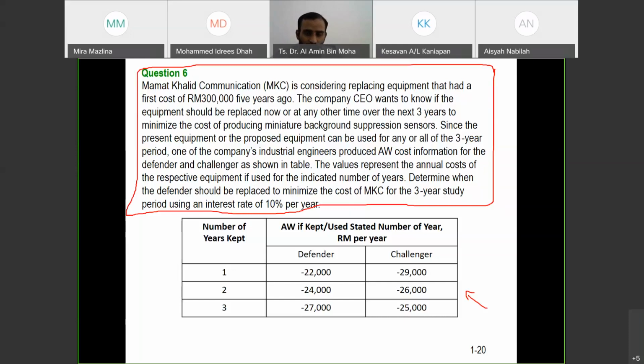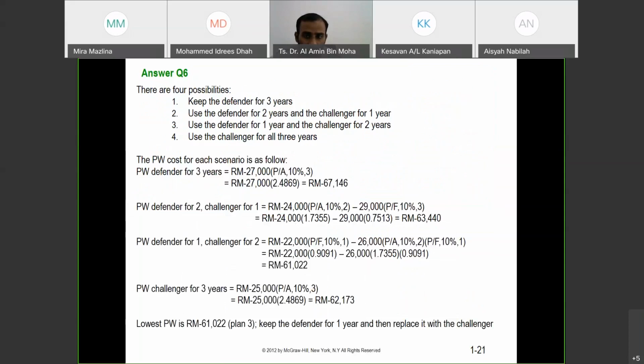I think the slides were already uploaded yesterday into Udemy, so you can download them and refer to them. So this is the answer for question 6. You can check later on. These are the 4 possibilities, so please try to see if you can extract those 4 possibilities, and then you calculate.